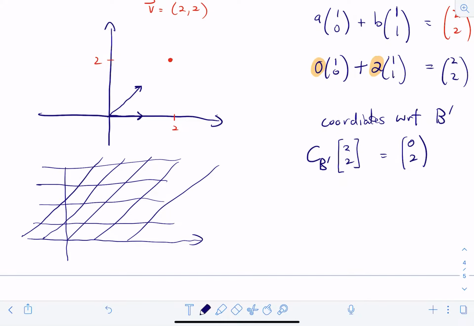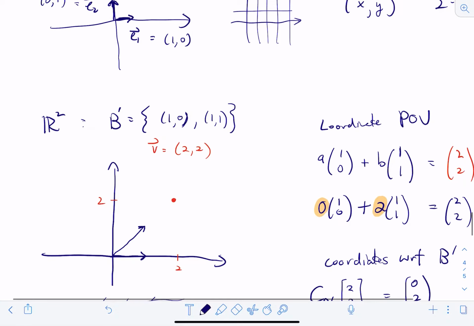So we have this power to change the basis.